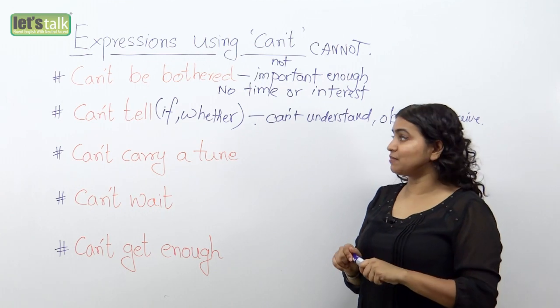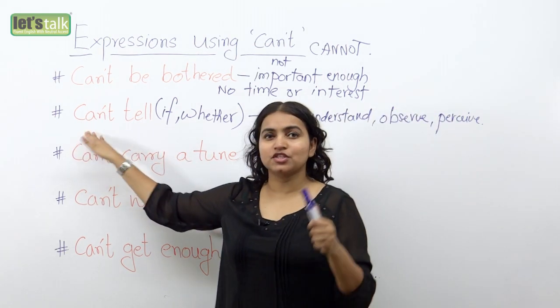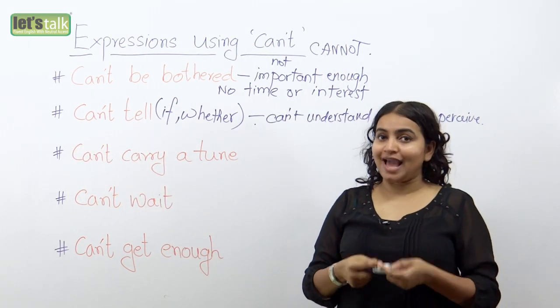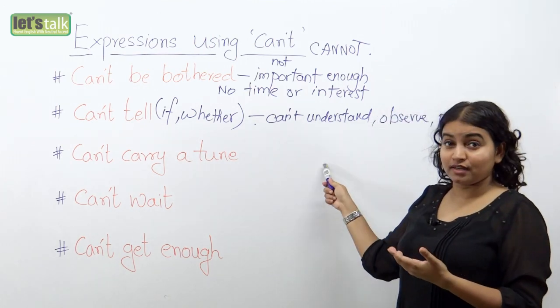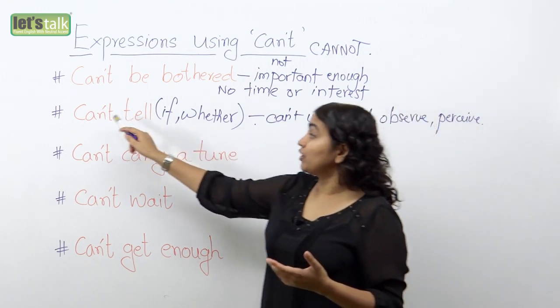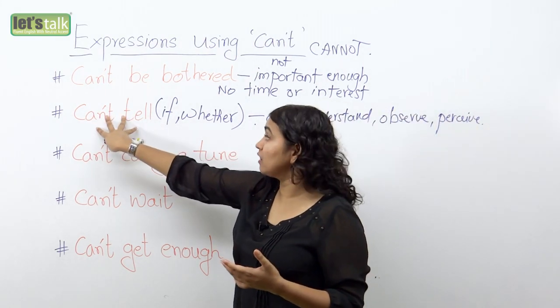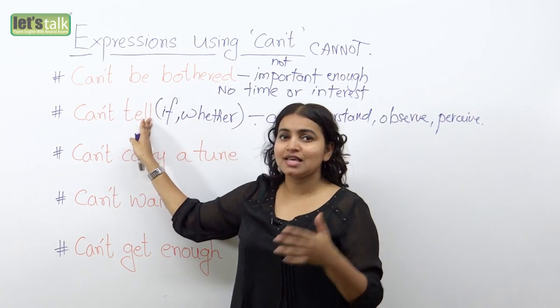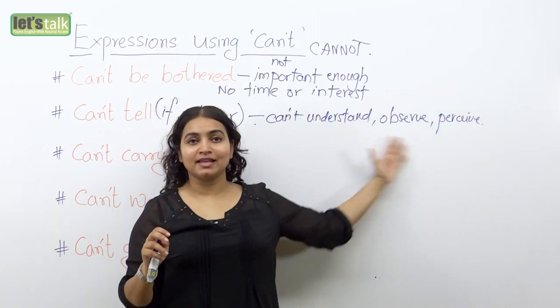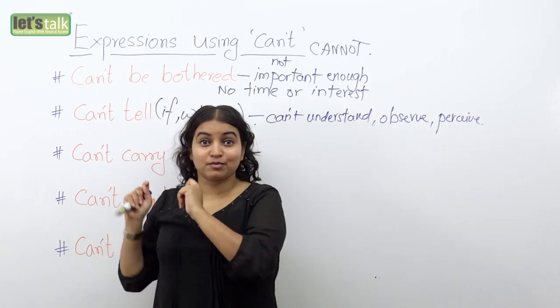So you will say something like, I can't tell if this dress is blue or black, because you can't see very clearly, you can't understand that very clearly, right? So when you use the expression can't tell with if or whether following this expression, then this is what the meaning comes out to be for this expression.